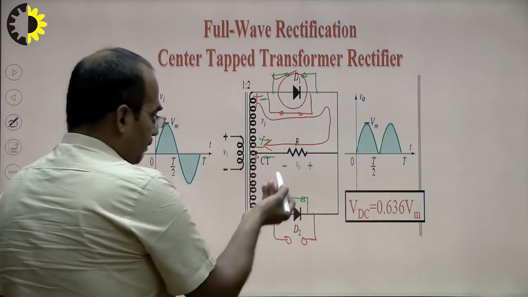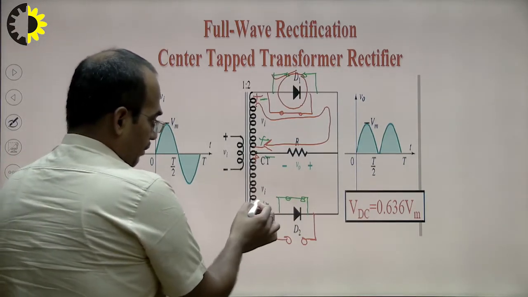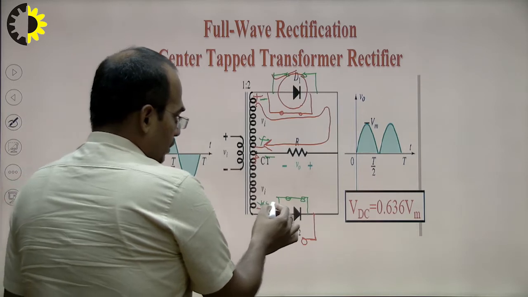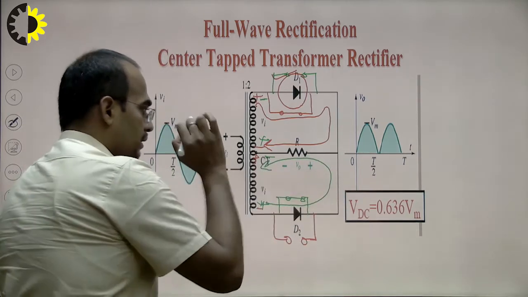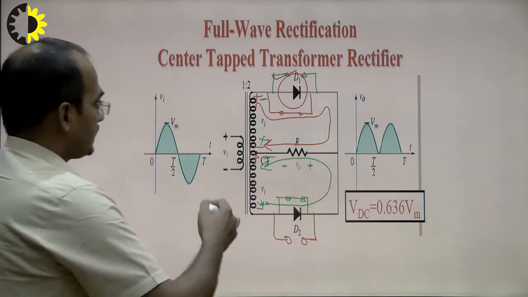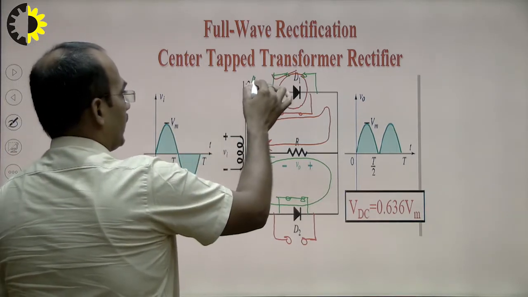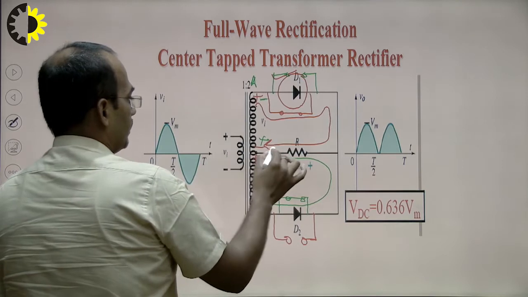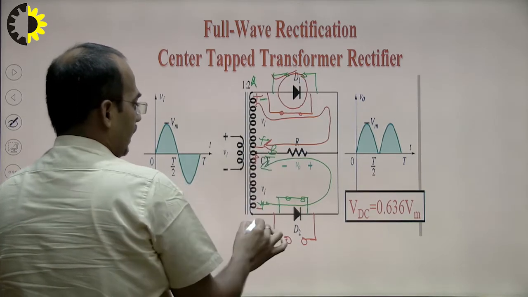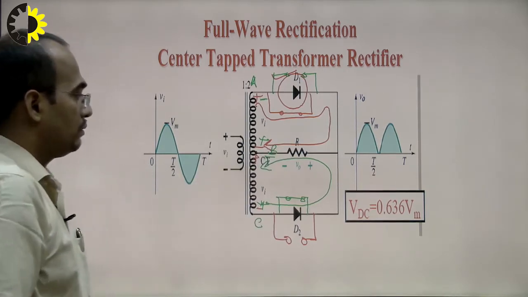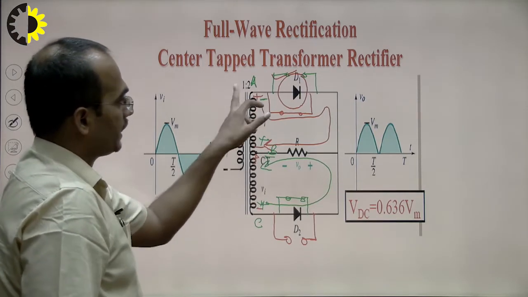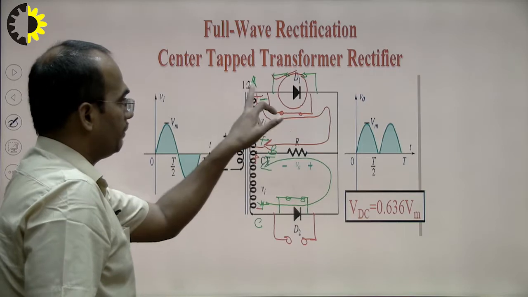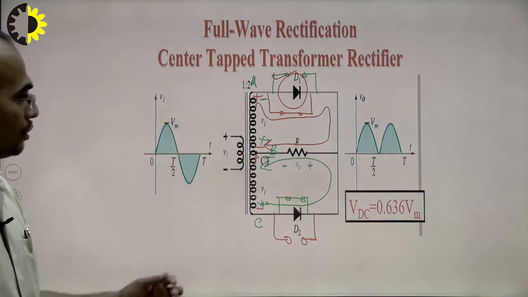So the current will flow from this positive terminal through diode D2, through the load resistance R, and terminate here. For better understanding, consider nodes A, B and C. Current will flow from C to B, and for the positive half cycle, current flows through diode D1 from A to B. So what will be the output?